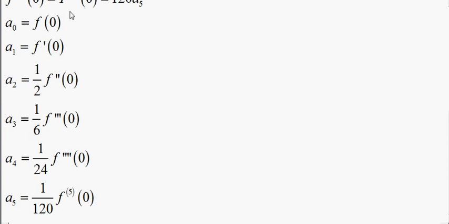Now, if we look at the coefficients, this pattern, 2, 6, 24, 120, is a well-known pattern.